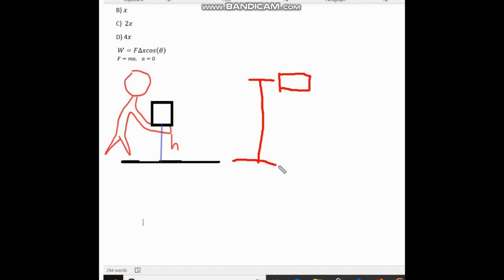So this is the ground. We know that if it's dropped, the force acting on this object is weight, and weight is given by W, which is m multiplied by g. All right, so that means if you want to calculate the work, you can calculate it by the potential energy of the object at this point, at height.